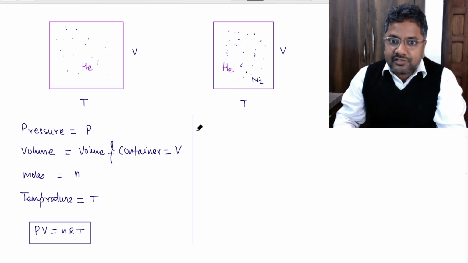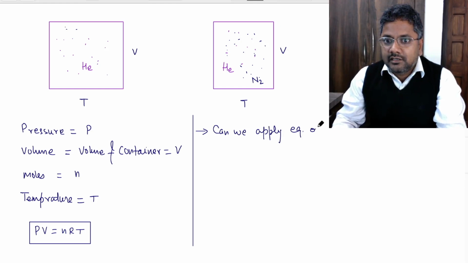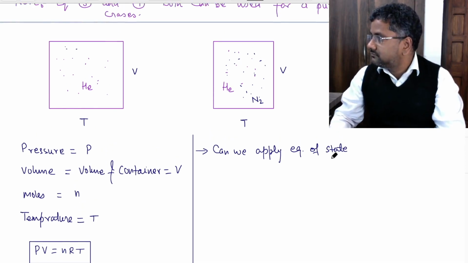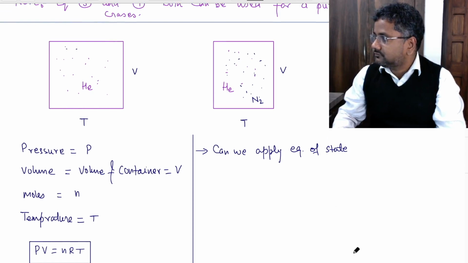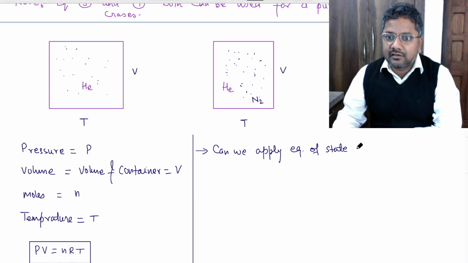So the first question I would like to address first: can we apply the equation of state on the gaseous mixture?